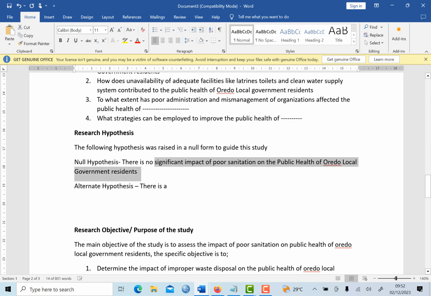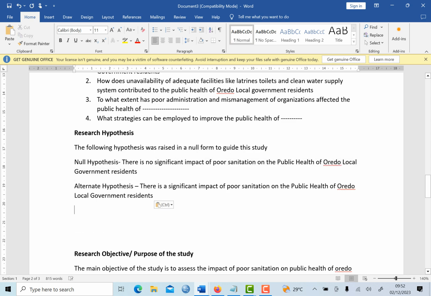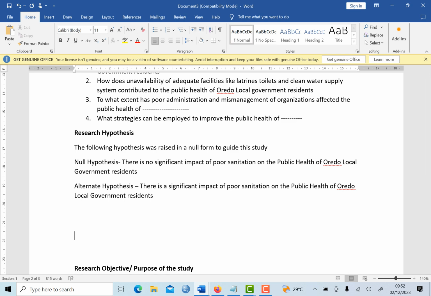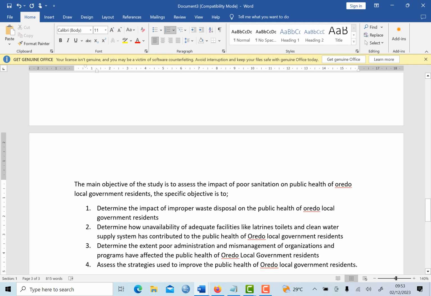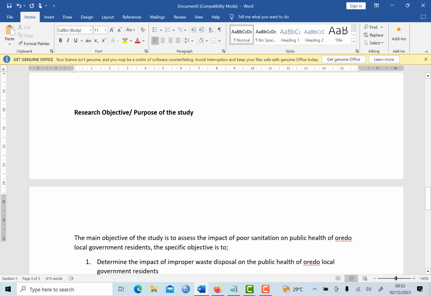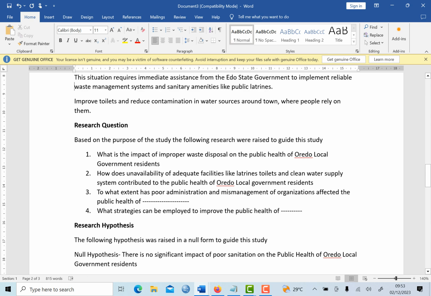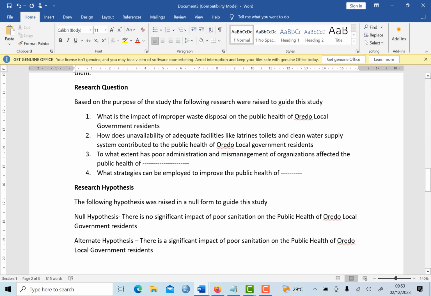So this is the alternate hypothesis. You can decide to raise your hypothesis either in a null form or in an alternate form. But in this case, our hypothesis is going to be based on our research questions. So you can raise your hypothesis now.